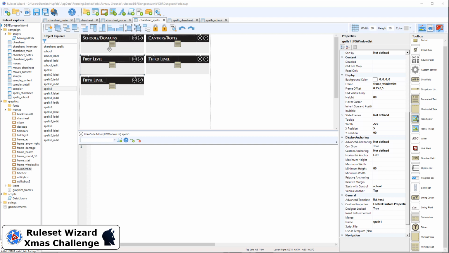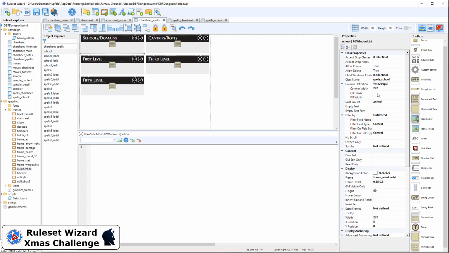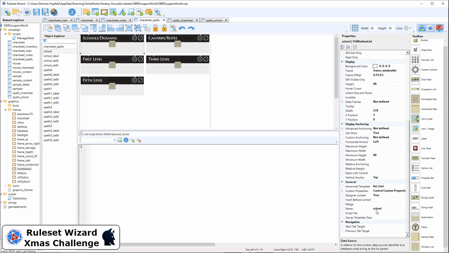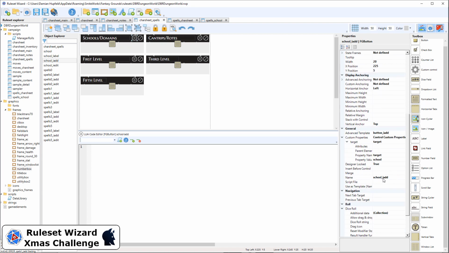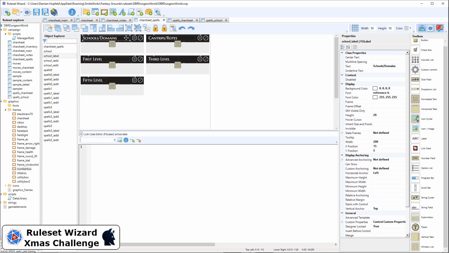But we've installed this one up here, schools and domains. It's a window list. The data source is school. The name is school, and then my add and edit buttons are school add and school edit, and their target is school. So that's mostly it there.